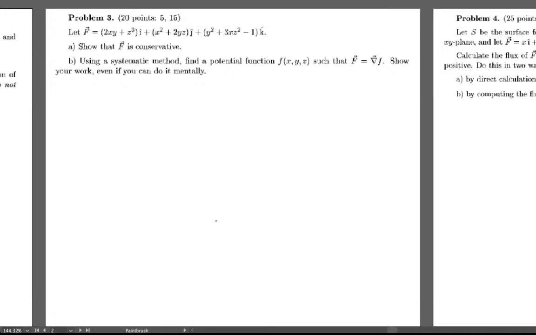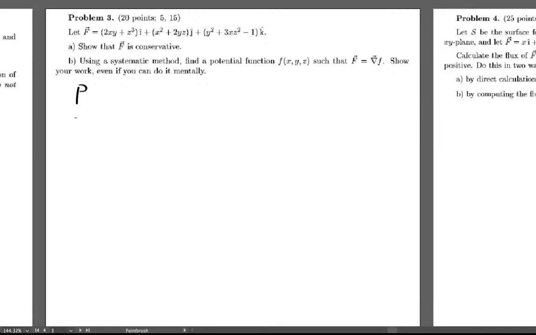Now, when we do something about conservatives, you need to know that the curl is going to be 0. But instead of trying to figure out what the curl is, you could just do this instead.